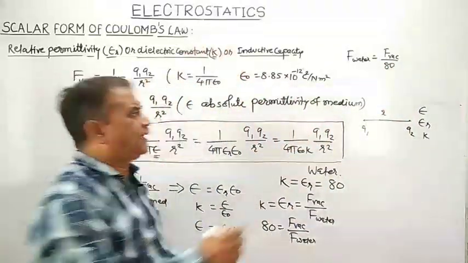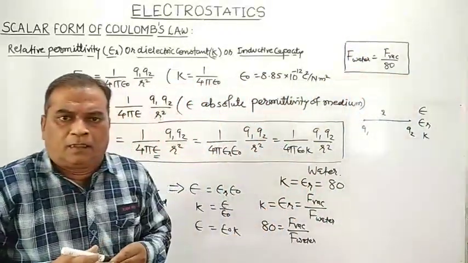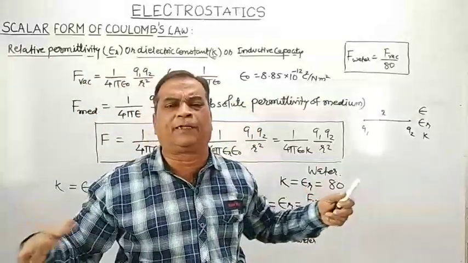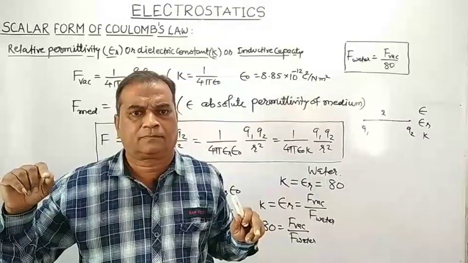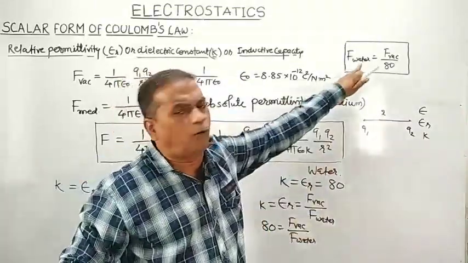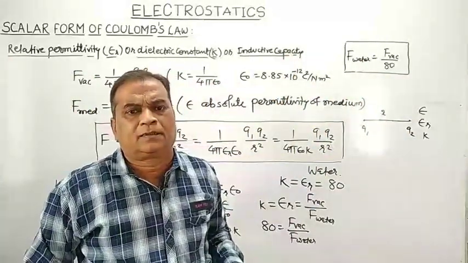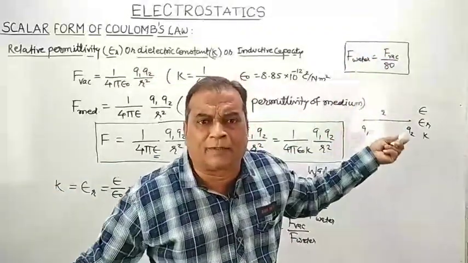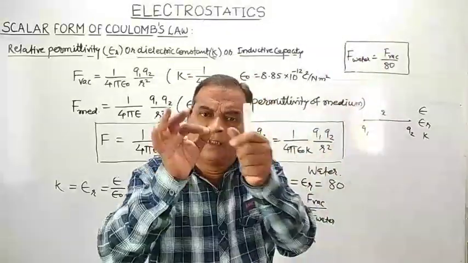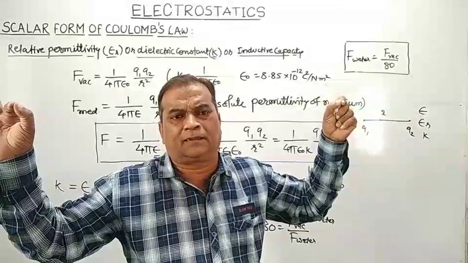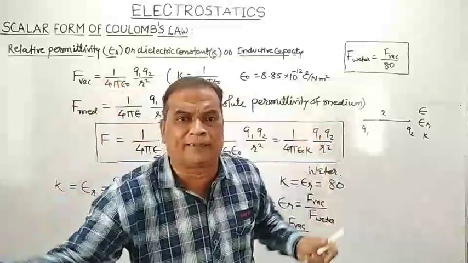And what conclusion can you draw from this mathematical equation? The force of attraction or repulsion between the two point charges, when they are kept in water at a certain distance apart, reduces to 1 by 80th of the force between the same two point charges at the same distance apart, but when they are kept in what?